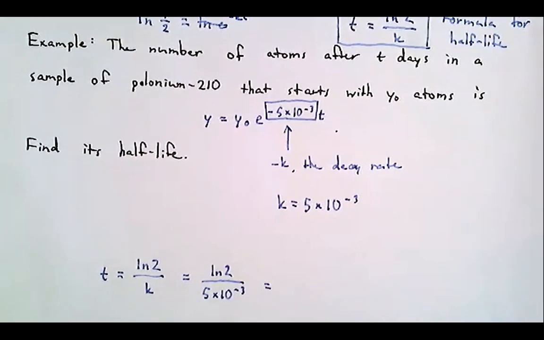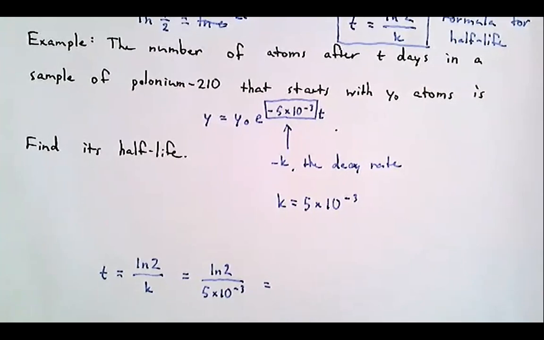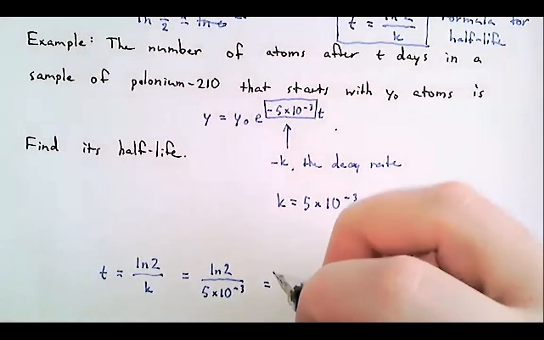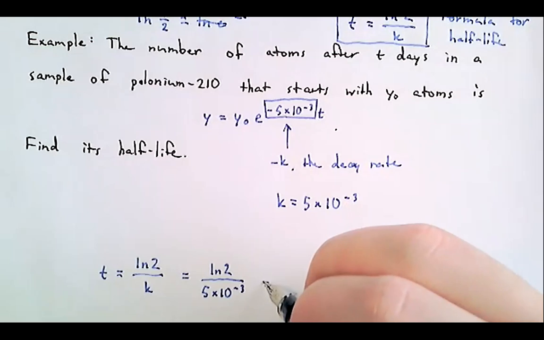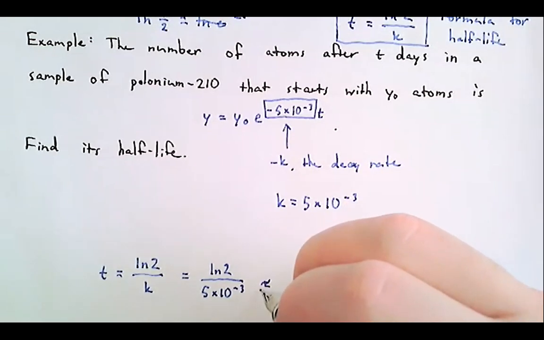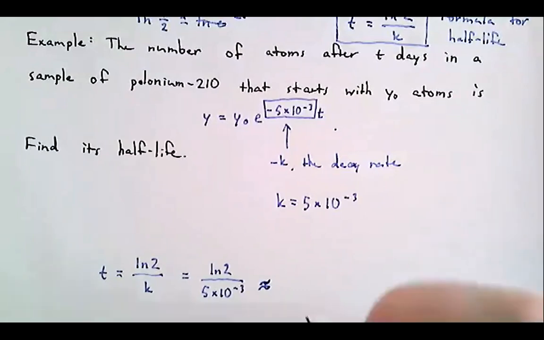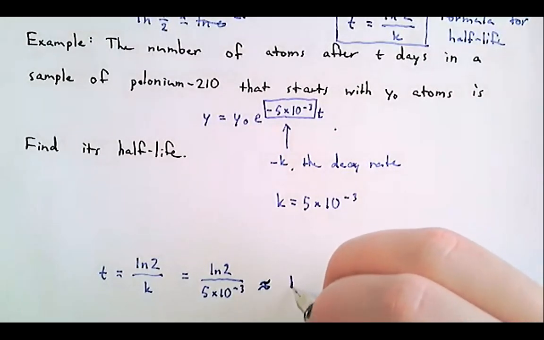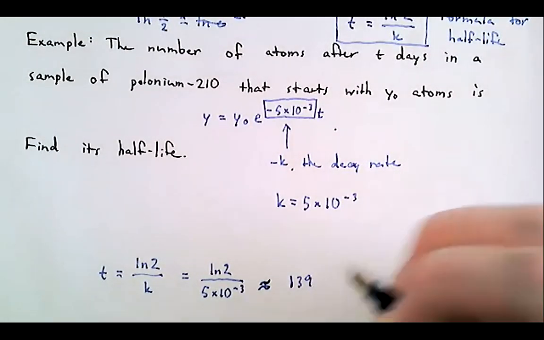So this is something you would probably put in your calculator because, well, we can't really do natural logarithms by hand, or at least not very easily. So I should really use an approximate sign here, not an equal sign. And this would come out to about 139.